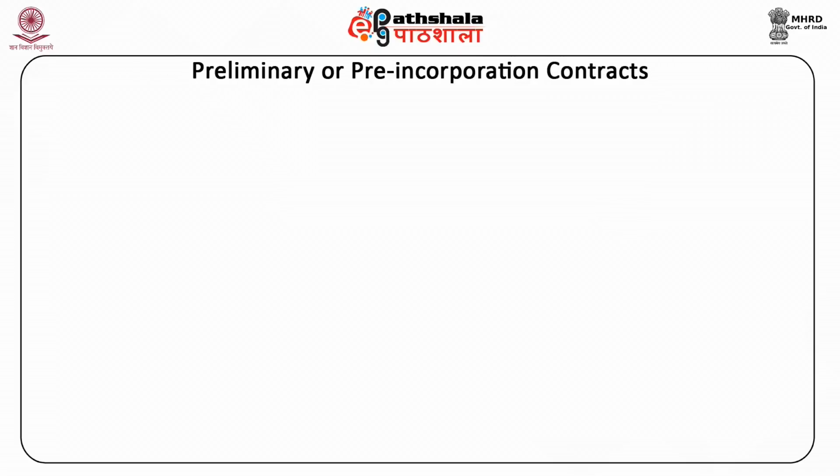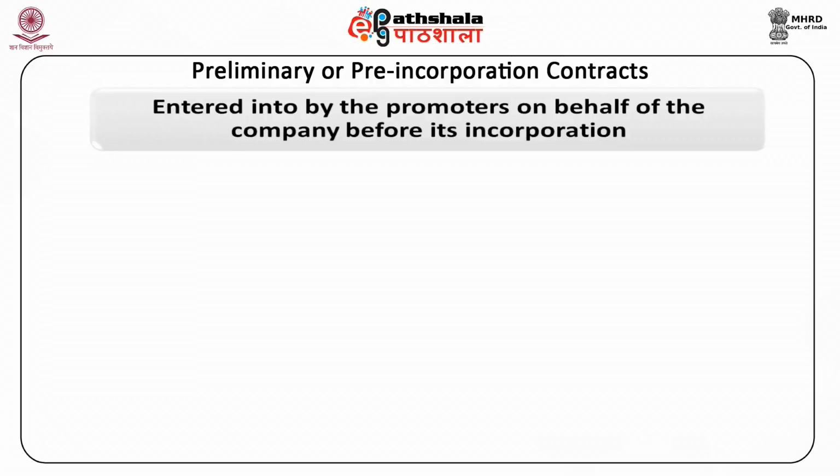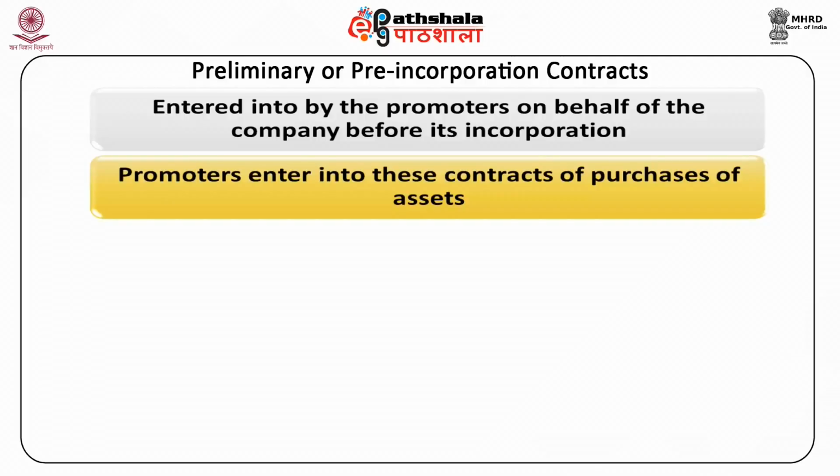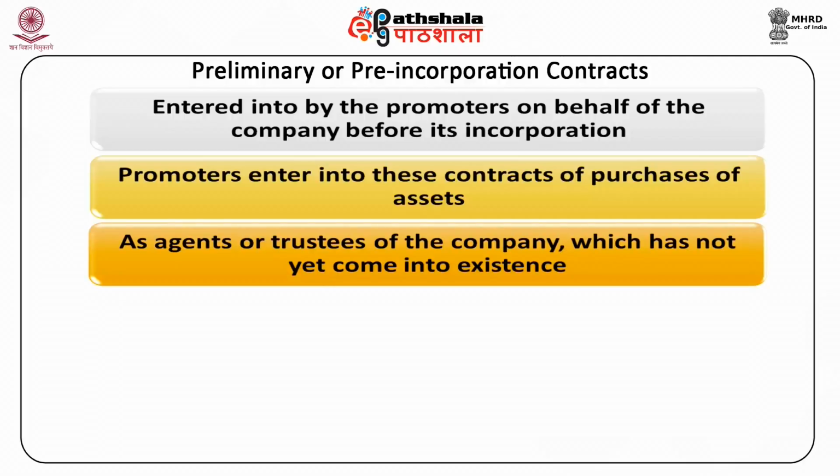Preliminary contracts are contracts entered into by the promoters on behalf of the company before its incorporation with third parties. It is usual that the promoters enter into these contracts of purchase of assets on behalf of the company about to be formed, but before it is actually formed. They generally enter into these contracts as agents or trustees of the company which has not yet come into existence.